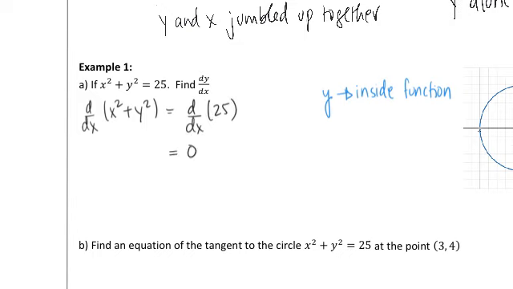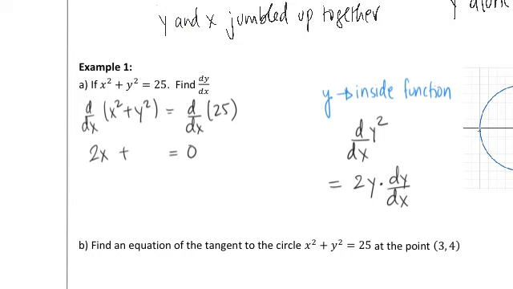The right side is just 0 because the derivative of 25 is 0. On the left side, the derivative of x squared is just 2x. But when I think about the derivative of y squared with respect to x, we think of the derivative of y squared with respect to y, which is 2y, and then multiply that by the derivative of y with respect to x, right?